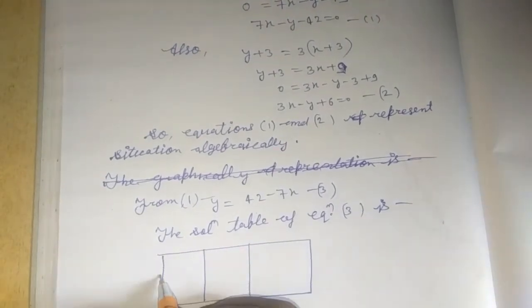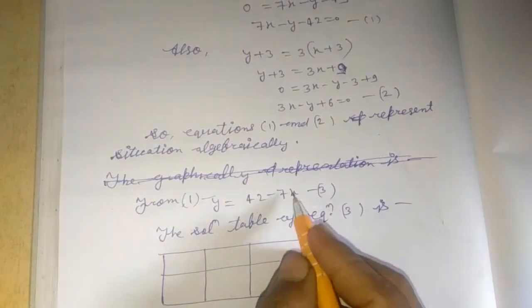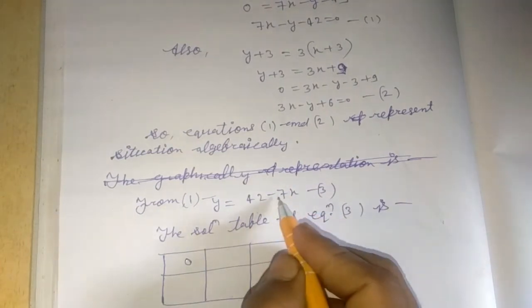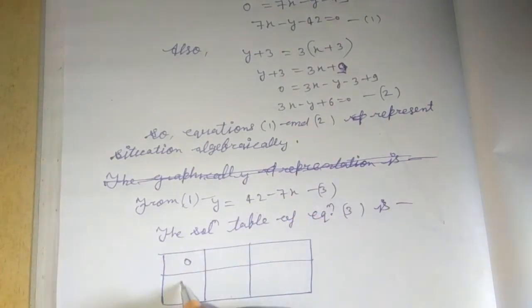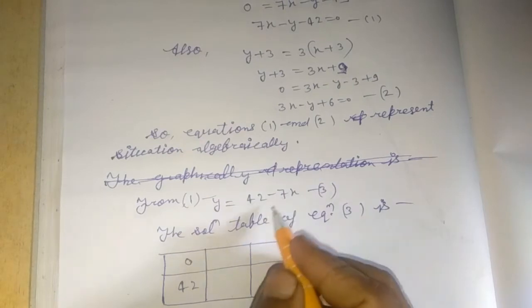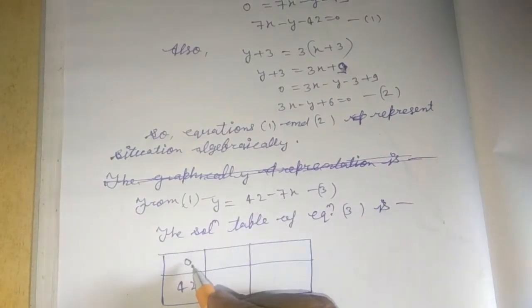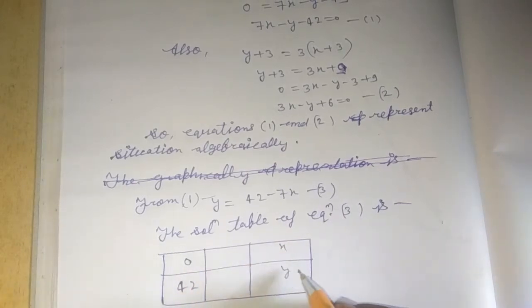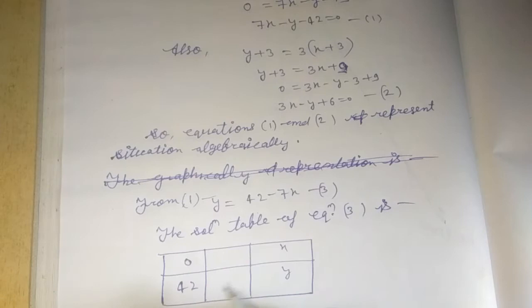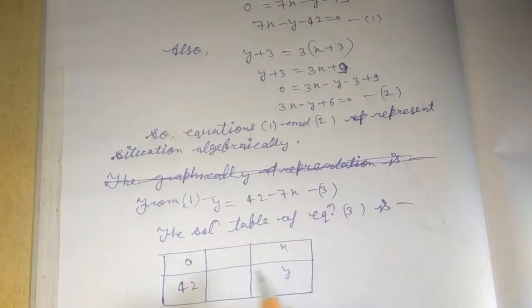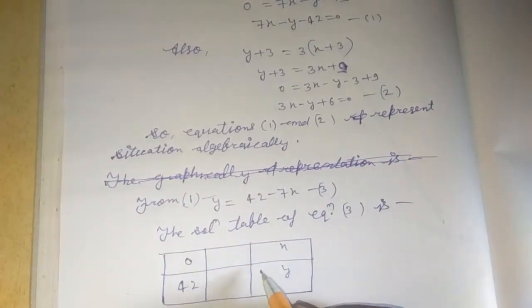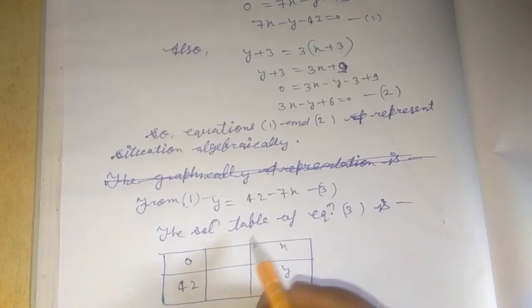First put the value of x equal to 0, you will get 42 minus 0, which is 42. We take only two solutions.